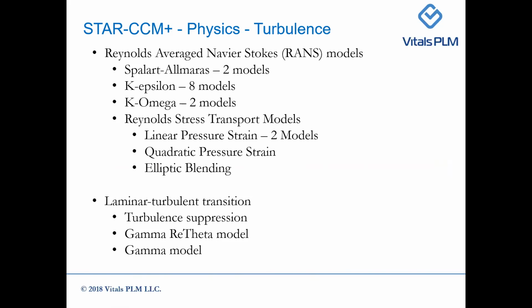We have multiple Reynolds-averaged Navier-Stokes models like Spalart-Allmaras, K-epsilon, K-omega, Reynolds stress transport, and models for flows in the transition region that's not laminar, not turbulent. So we have turbulent suppression, Gamma-Re-theta models, and Gamma models.